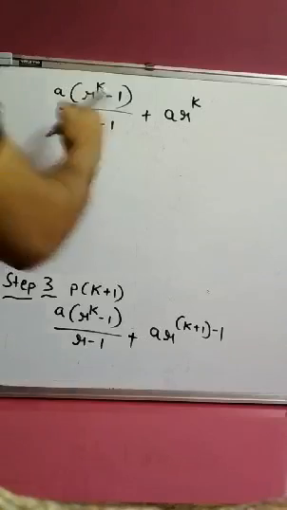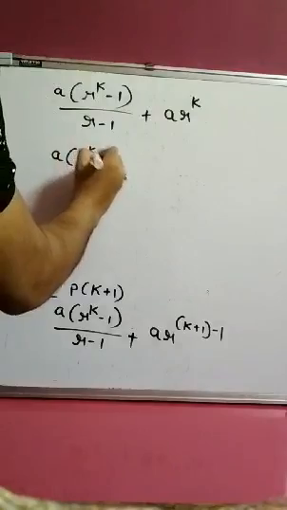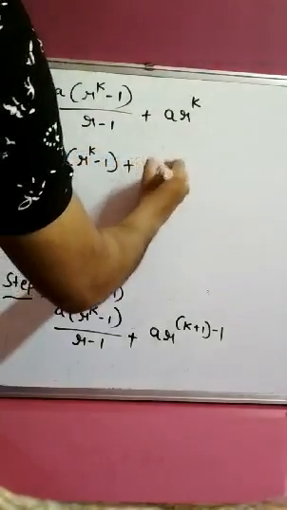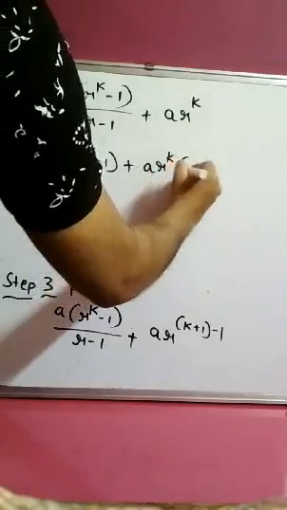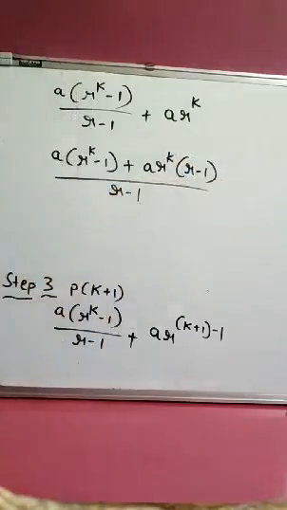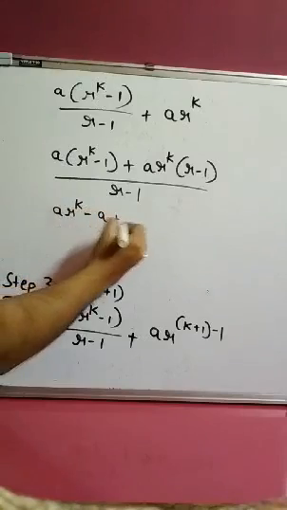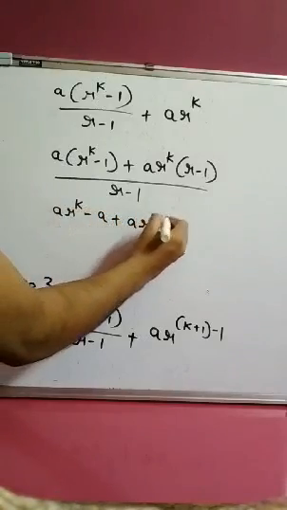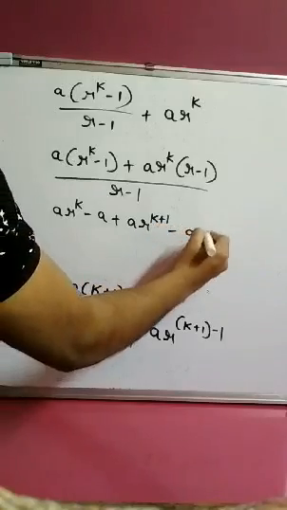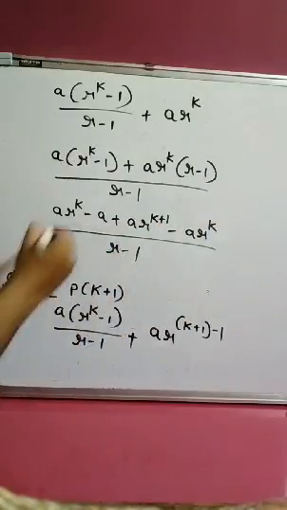Now we will multiply r minus 1 on right side. So a into r raised to k minus 1 plus a into r raised to k into r minus 1 divided by r minus 1. So a into r raised to k minus a plus a into r raised to k plus 1 minus a into r raised to k divided by r minus 1.